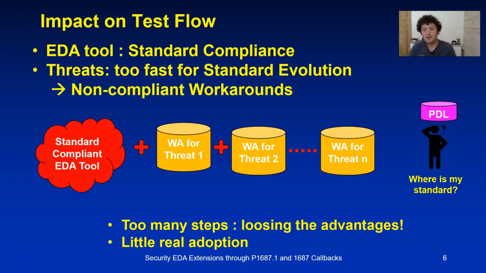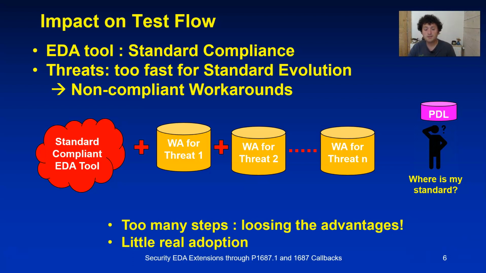So, each time there is an important threat, the only possible solution is to have some specific workaround that will sit between the actual EDA tool and the user. Too many of these steps means that you will have so many different non-standard steps that the user will lose sight, let's say, of the standard, won't be able to really exploit all its features, so you're basically losing all the advantages.